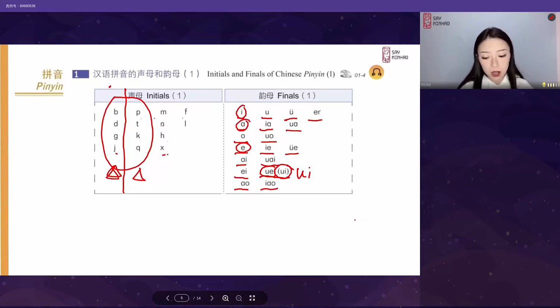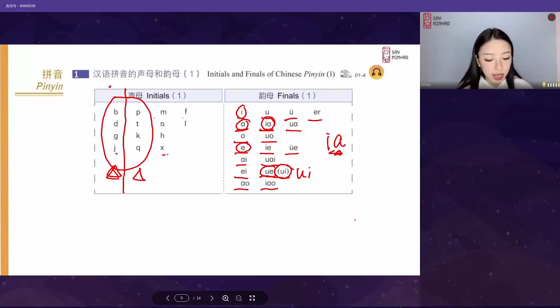And E, A, E's pronunciation might be different from E, A, E, although they are written the same. For example, like in this one is A, but this one, ya. In this final, A actually is pronounced as ya, okay, ya.